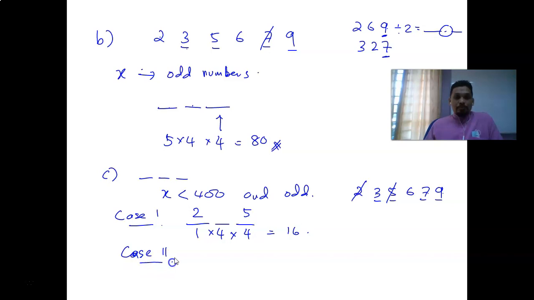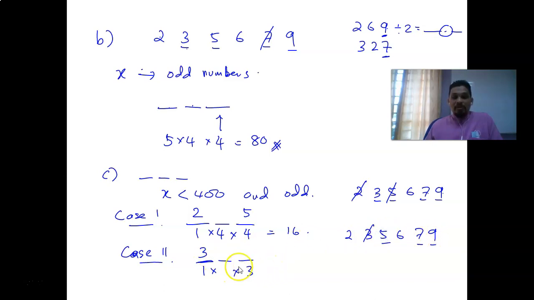Case 2: 2, 3, 5, 6, 7, 9. If I begin the first digit with 3, there is only 1 way, because there is only one number 3 here. Then it is an odd number, meaning it ends with an odd digit. How many choices do we have? 3 has been taken in the first place, so there are 3: the odd digits 5, 7, and 9.